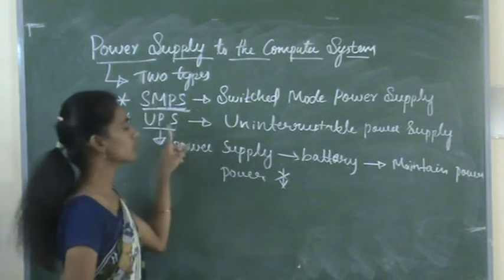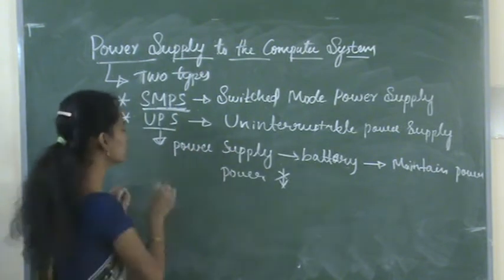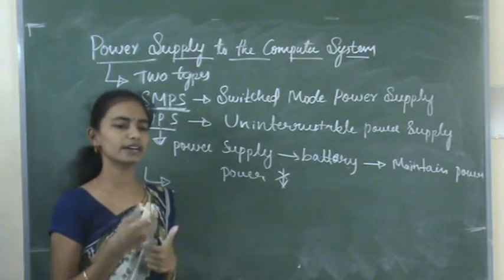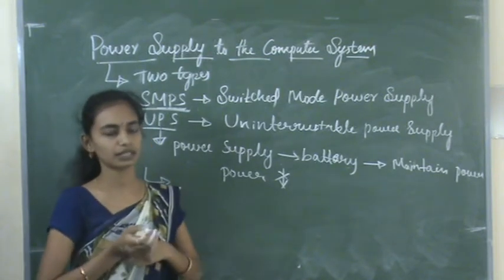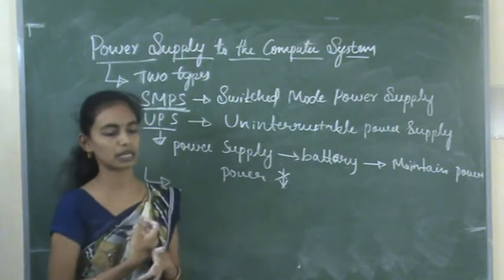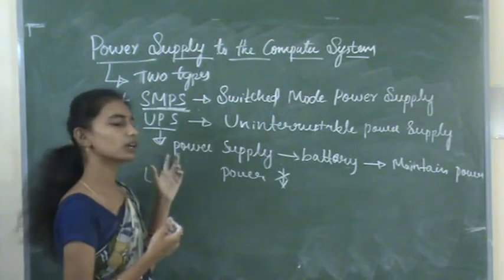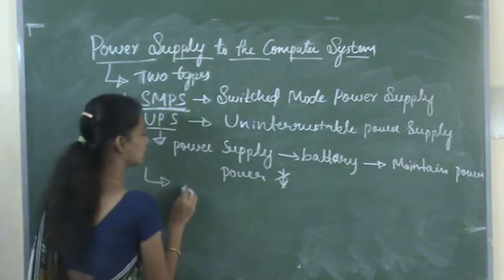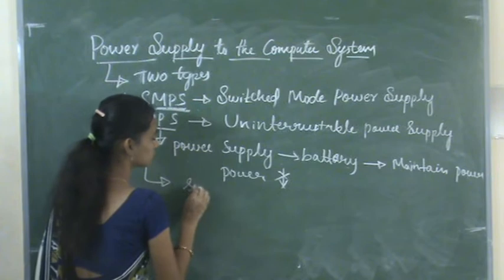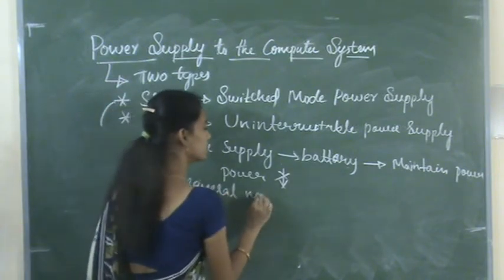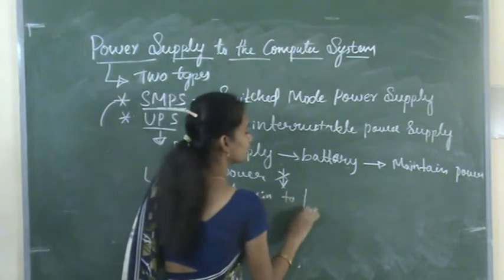That we call a UPS. This UPS works after the failure of the power, right? So when power loss or power failure happens, the UPS works. It may work for several minutes to a few hours.